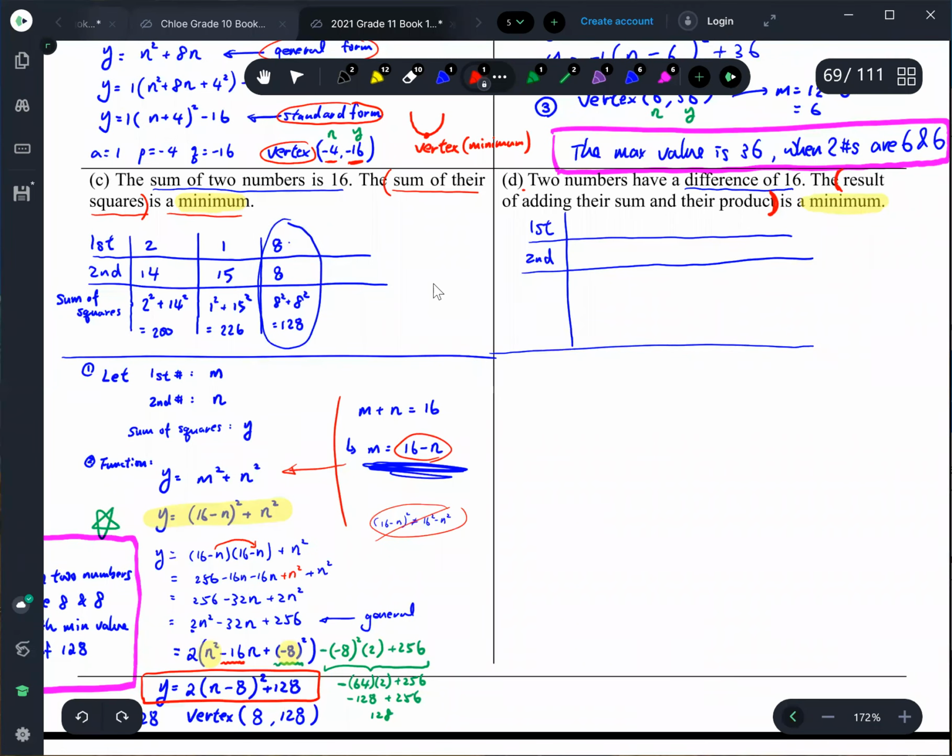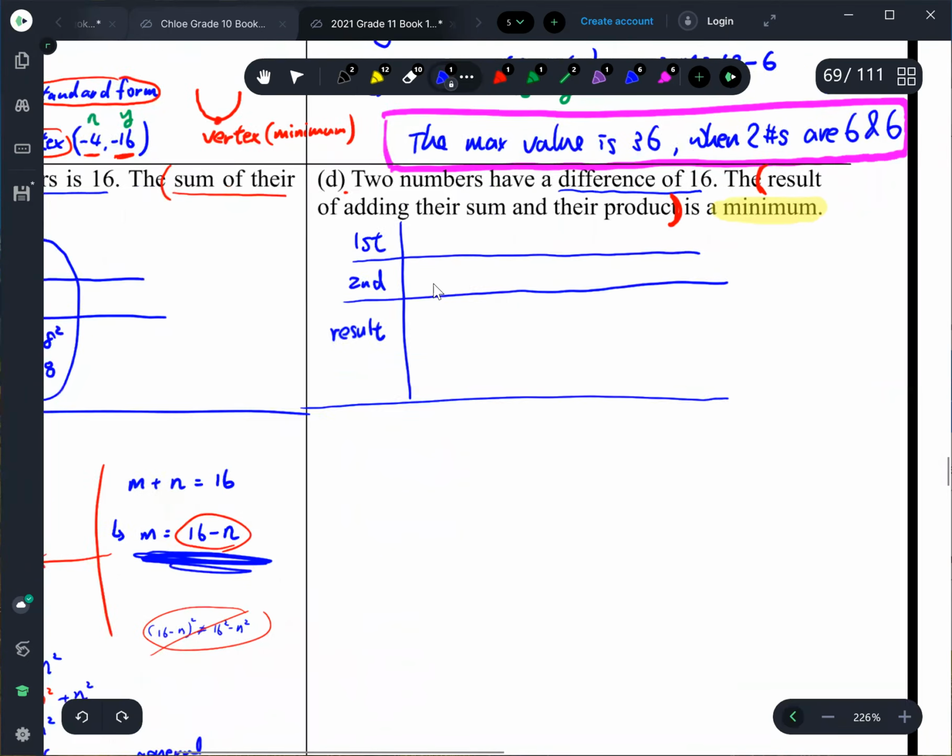Okay, so let's try with an example, okay? Because this time is a lot longer, right? Result of adding their sum and their product, so I don't want to write the whole thing down. I'll just call that the result. We want to make this result minimum, okay? So let's try an example then.